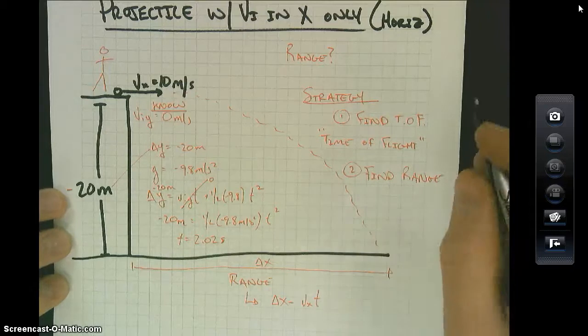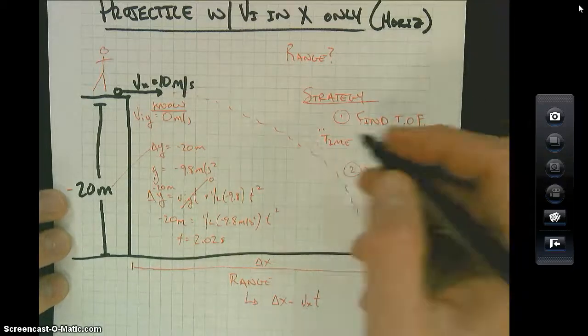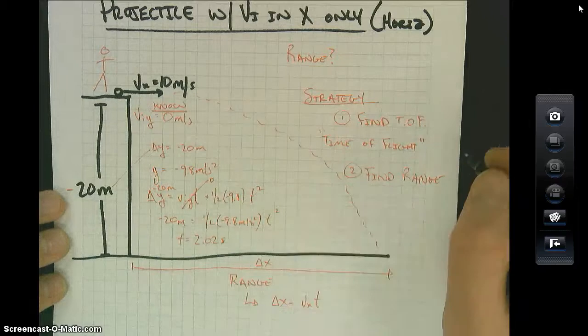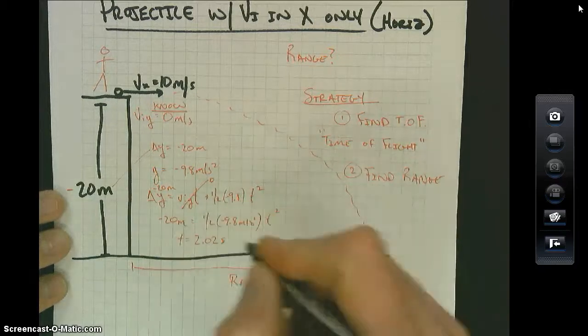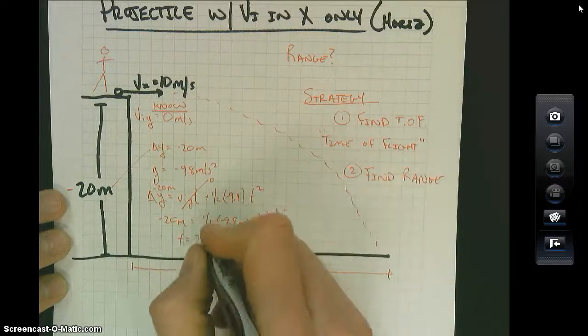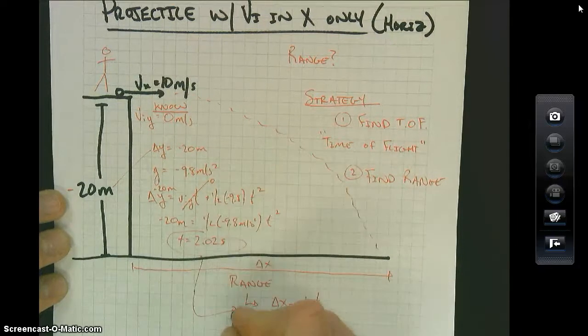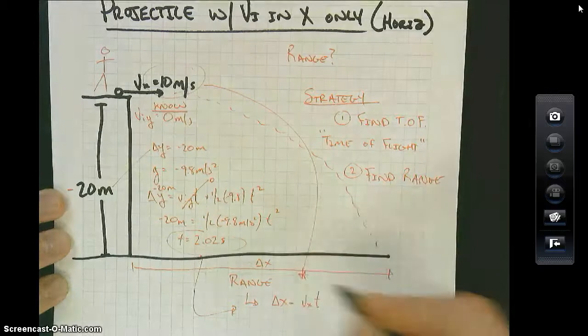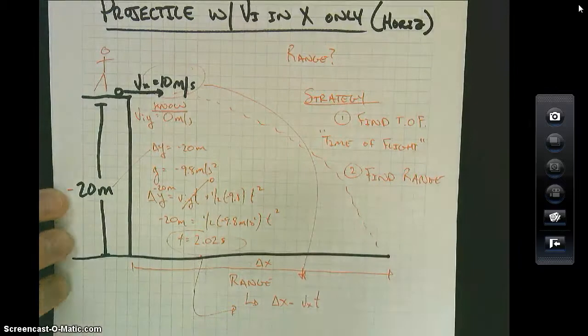Well now, again, like the last video said, we can go between vertical and horizontal components using time. So I have a time, I can then take this and insert it into that equation to be able to figure out what my delta x is.